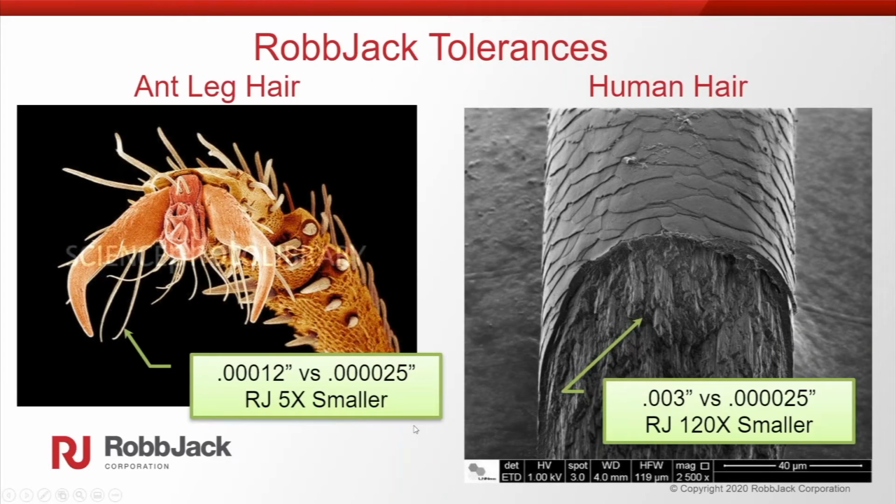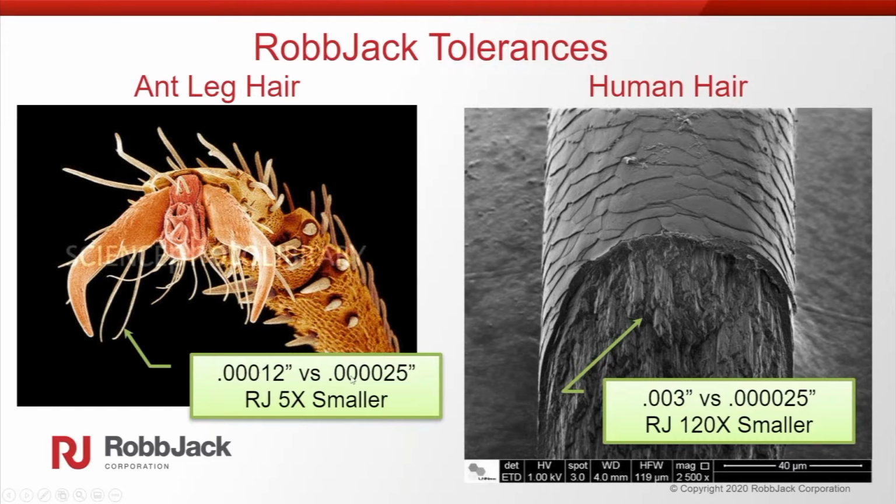So when we talk about tolerances in the medical field, you guys are dealing with very tight tolerances and micron type tolerances. But a lot of people don't realize how tight some of the tolerances are that we're holding on the cutting tools that we grind for you. As an example here, you could see this is a leg on an ant, and this is a hair on the ant's leg. So that's about 1/10, 20 millionths diameter.